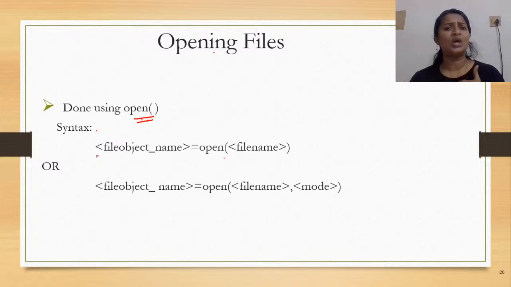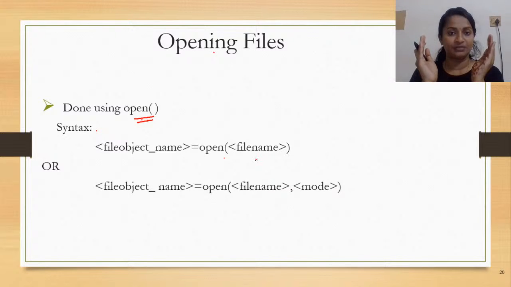Anything outside the angle brackets and square brackets has to be mandatorily written. See here, the file object name is written between angle brackets, so the user has to give an identifier name for the file object, equal to open of file name. After open comes the function bracket, and inside that you would specify the file name.